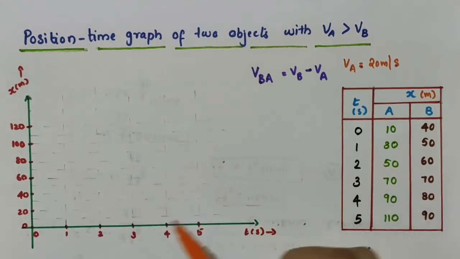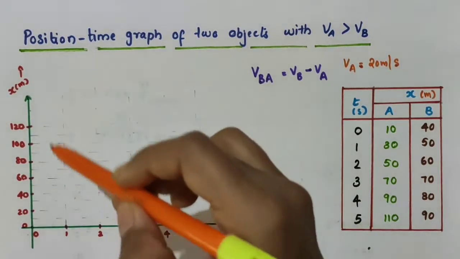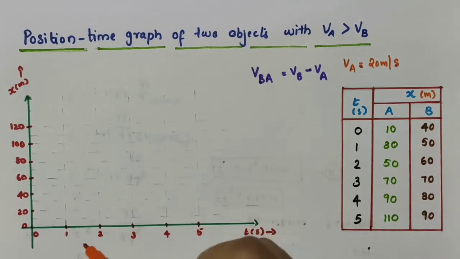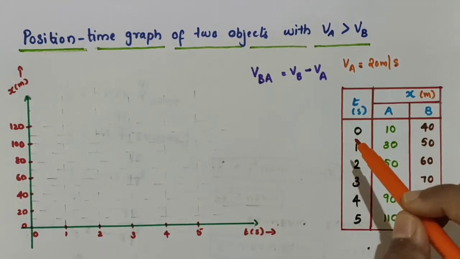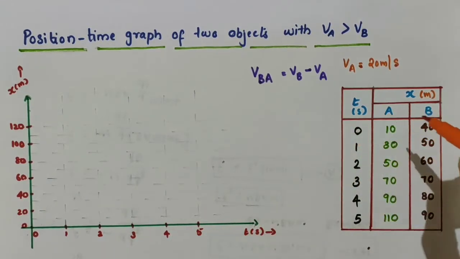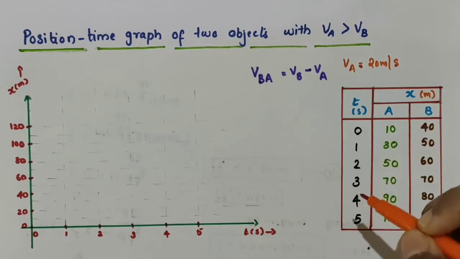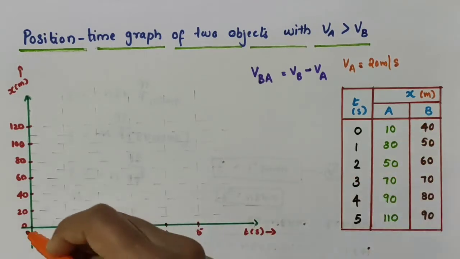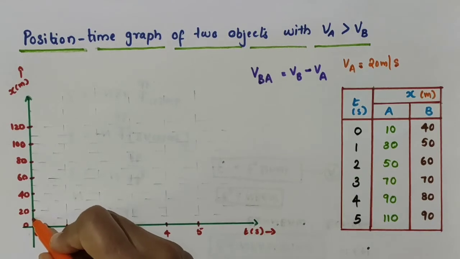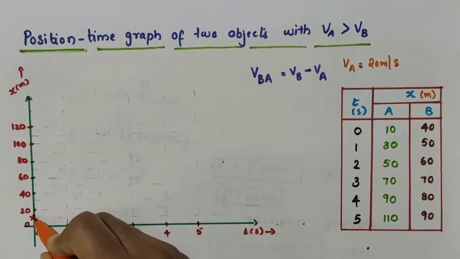So here we have the position time graph. Position values are marked here and time values are marked along this axis. At t equal to 0, the position of the object A is 10 meters from the origin. So initially the object A is somewhere here.